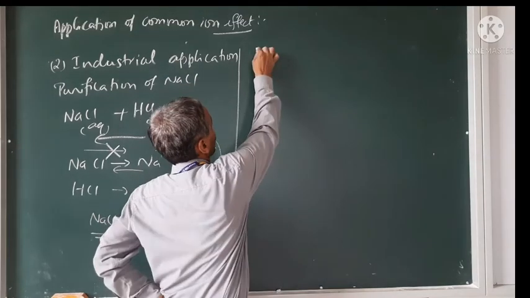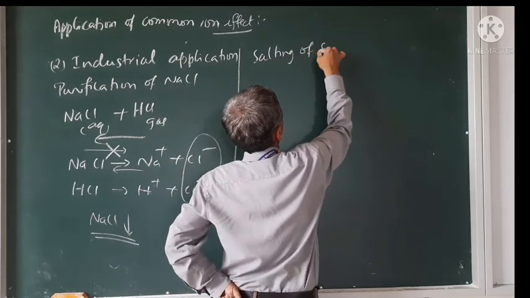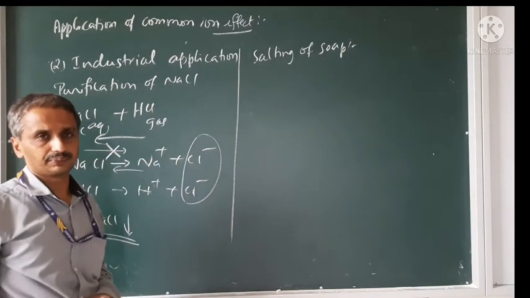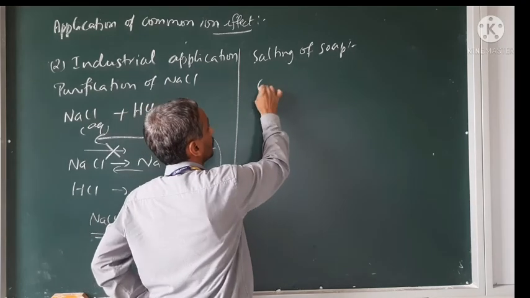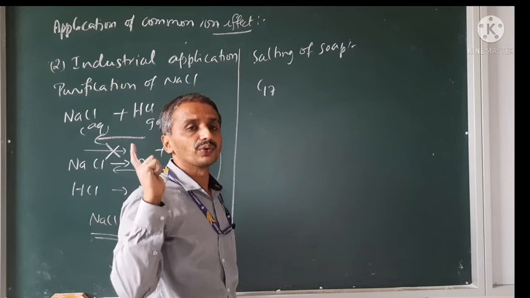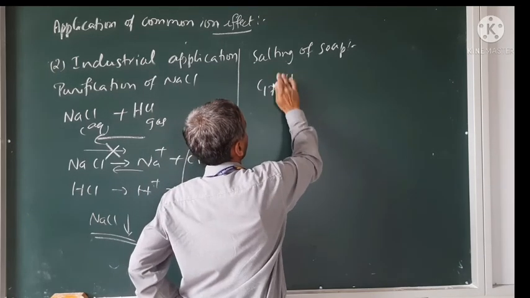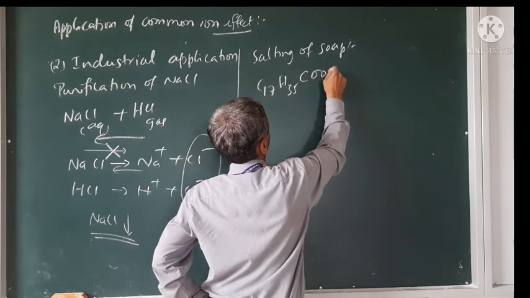Next one is salting out of soap. Here also we use the common ion effect. What is soap? It is a sodium or potassium salt of long chain fatty acid, C17H35COONa.